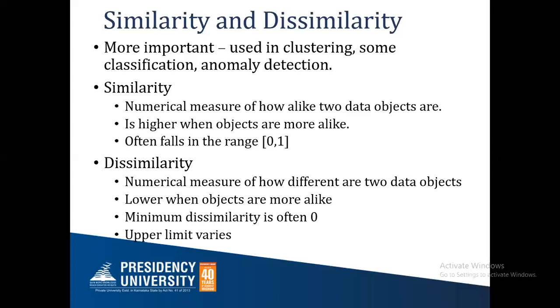Unlike the similarity measure wherein the upper limit is 1, in dissimilarity the upper limit may be any number. We have the word proximity, which is used for this term. So the proximity measure will be calculated and we can find out the similarity or the dissimilarity measure.